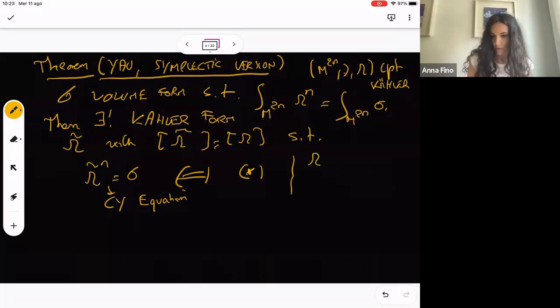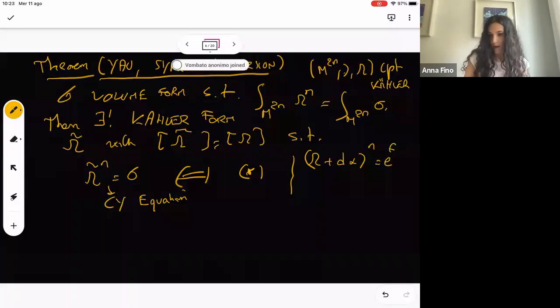So let's call it d alpha. So we have (omega plus d alpha)^n is equal to sigma, but sigma is a multiple by a positive function of omega^n.